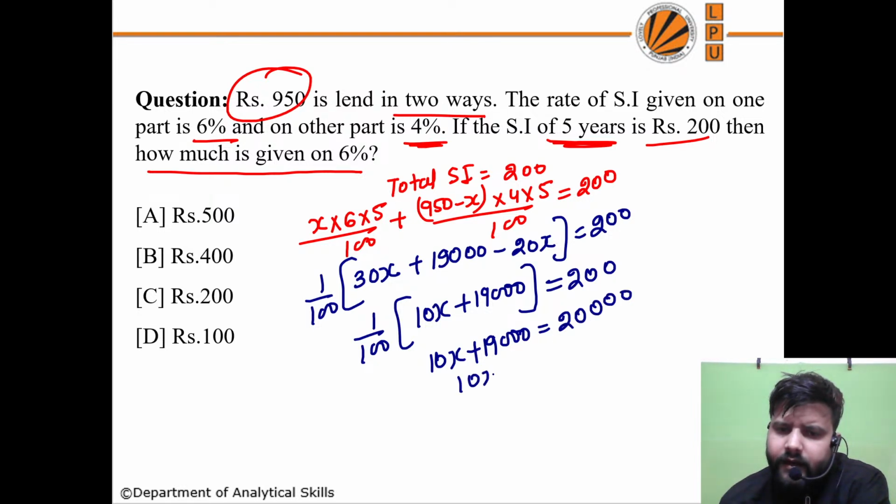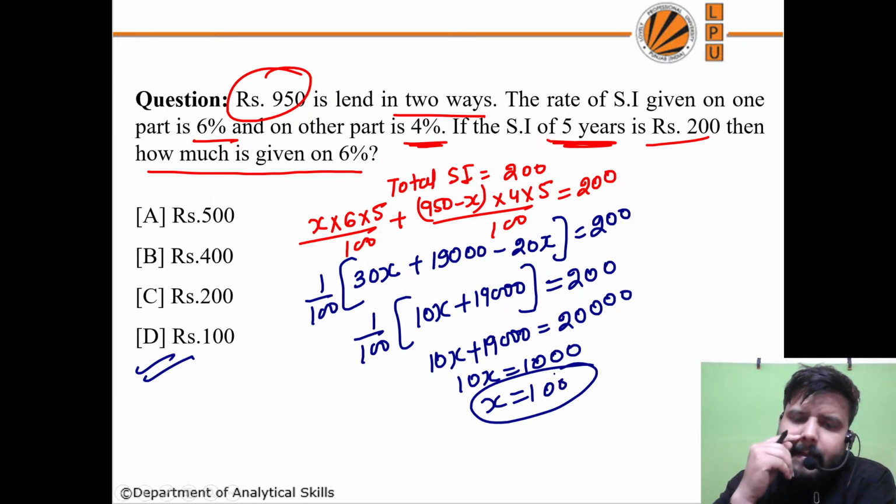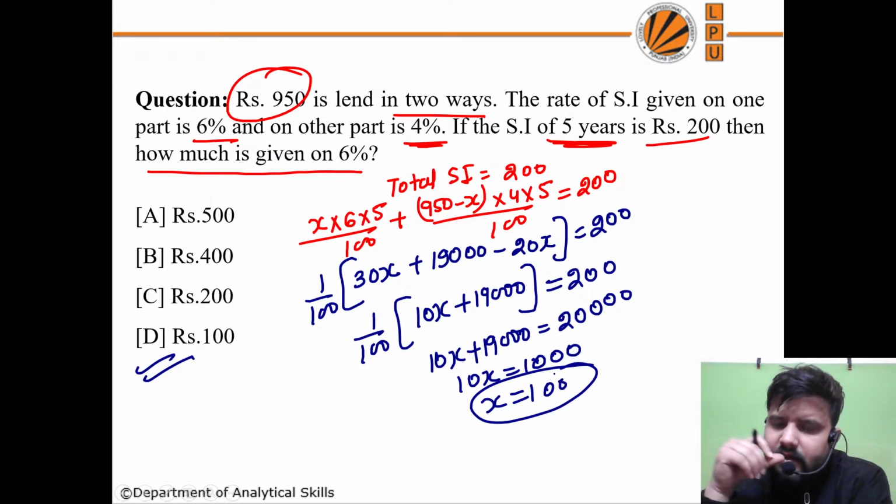So from here 10x is equal to 1,000, x is equal to 100. Sorry, 100 is the correct answer, which is option D. Here also I made a mistake. 100 is the correct answer.